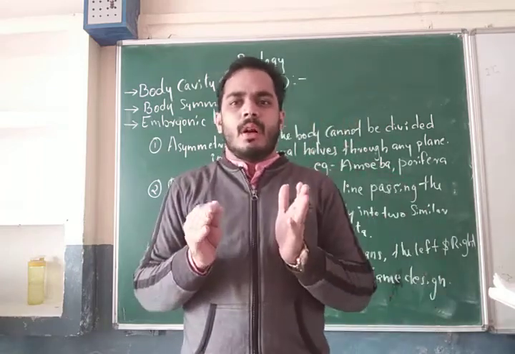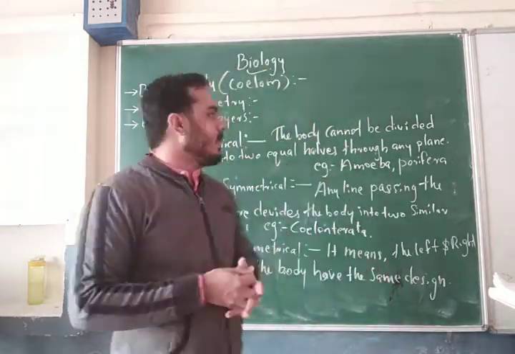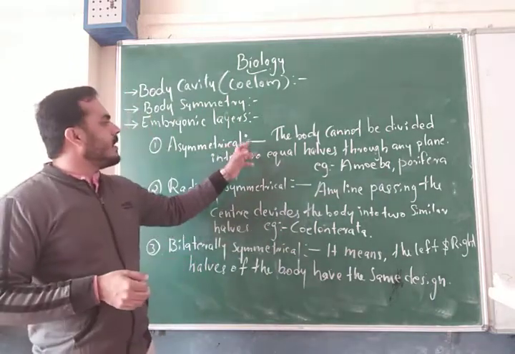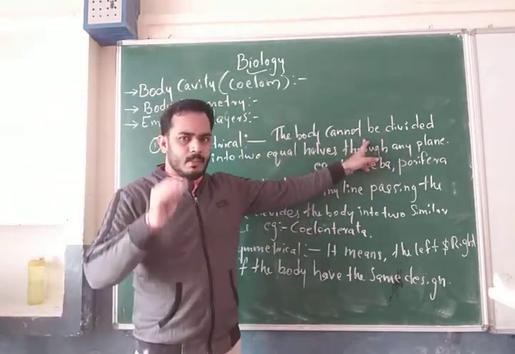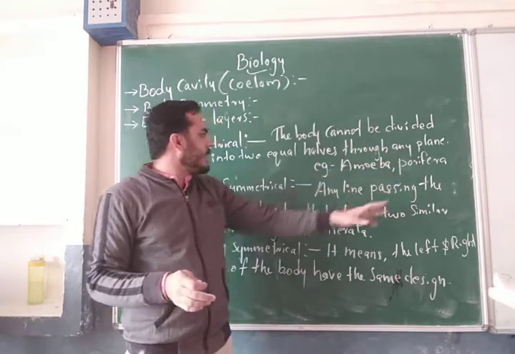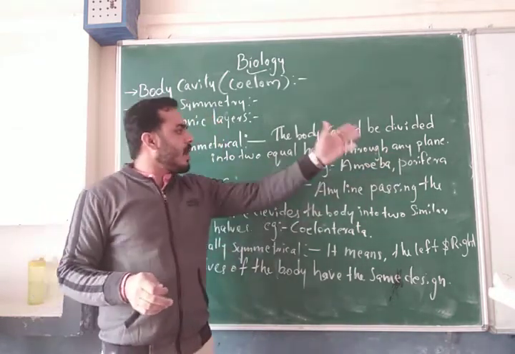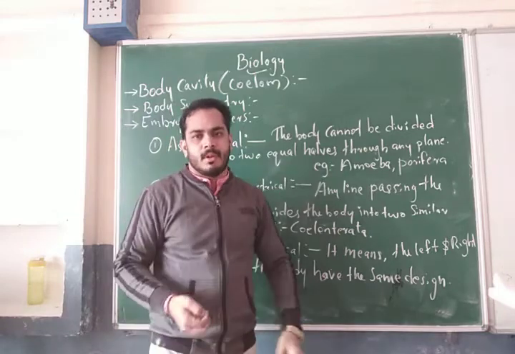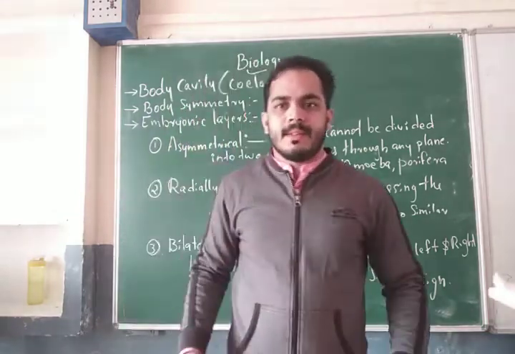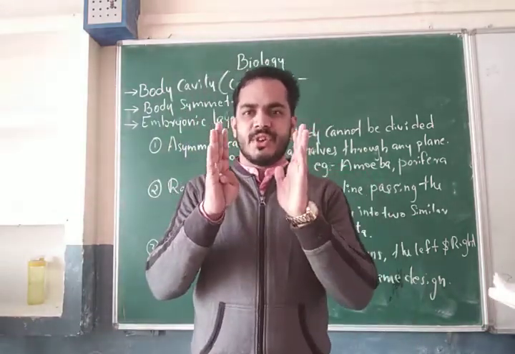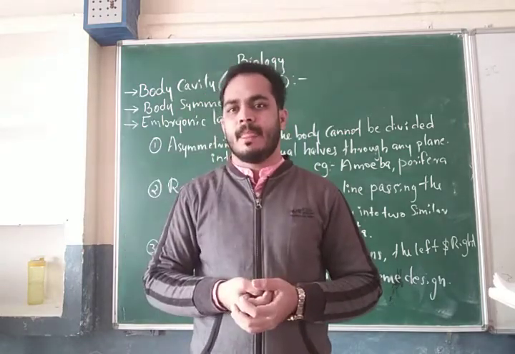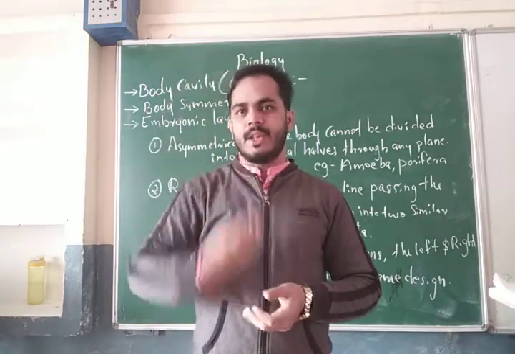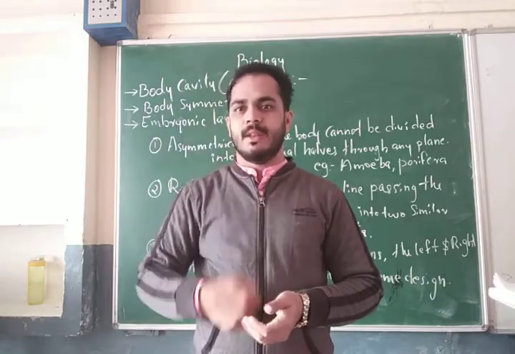I will explain each one. The first one, asymmetrical, means the body cannot be divided into two equal halves through any plane. For example, consider one organism, the human being. While cutting or dividing equally through one plane, what happens?